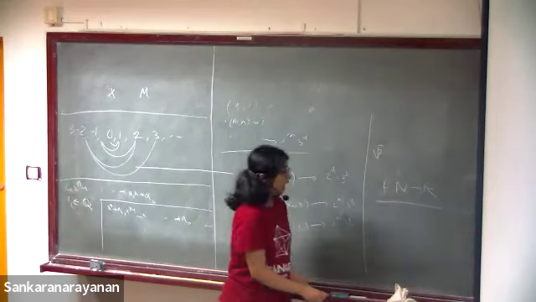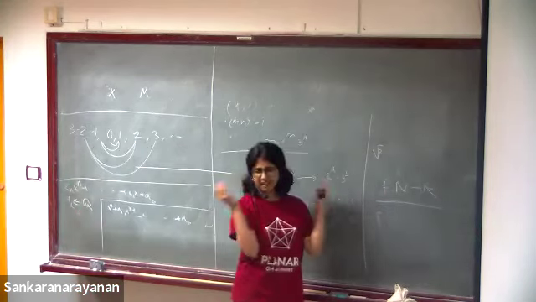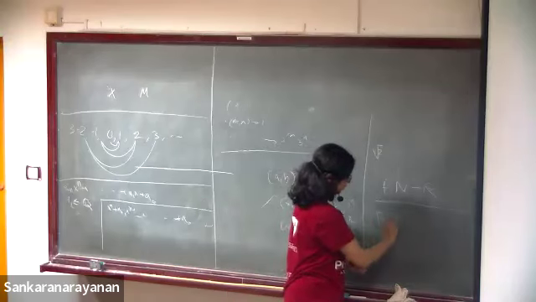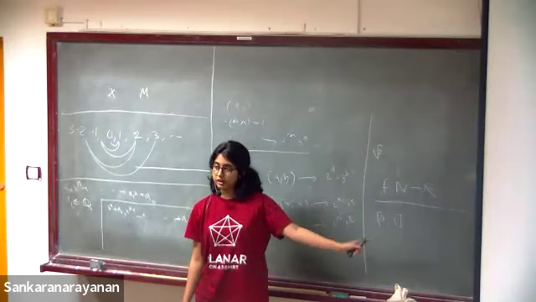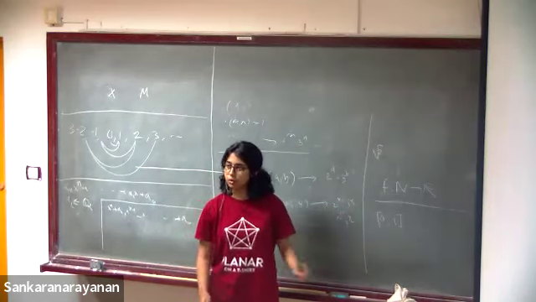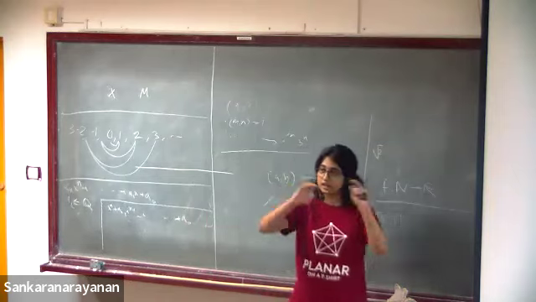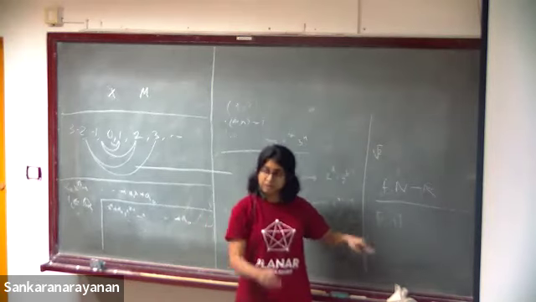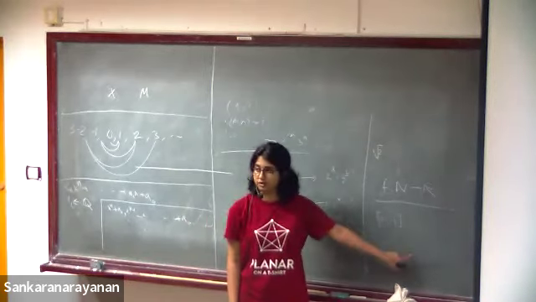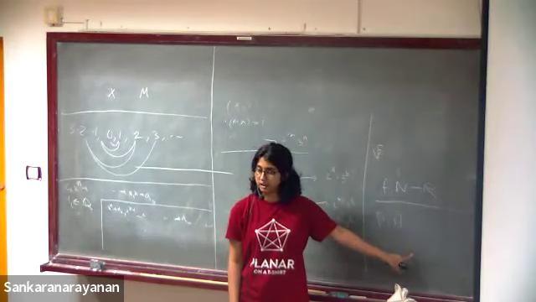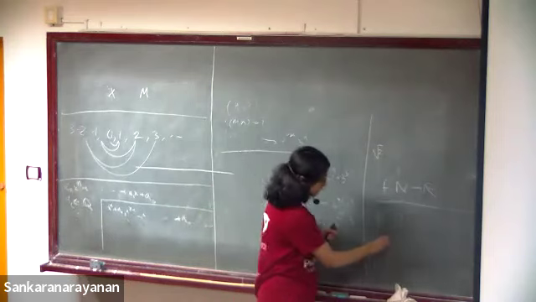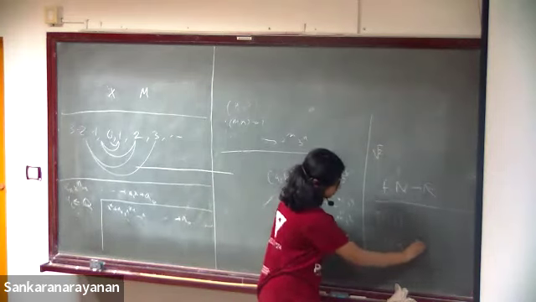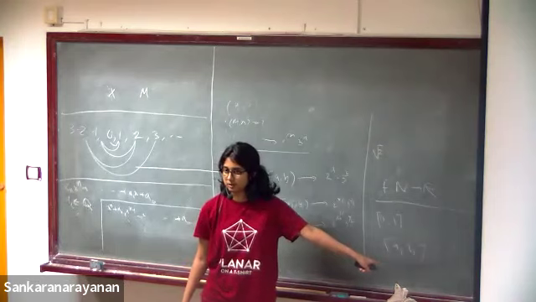Nested intervals is key. I have an interval 0 to 1. If f of 1 lies in this, then what you do is just consider a sub-interval of this such that f of 1 is not there in this interval. Is that clear how I'm doing it? Then after that I'll get an interval a, b such that f of 1 is not there in this interval.